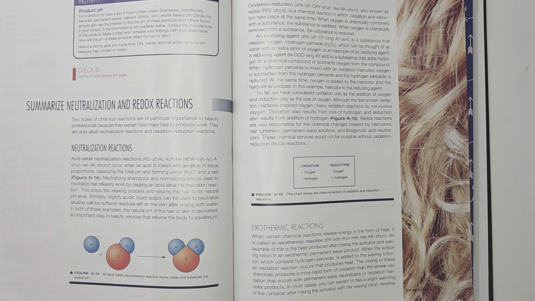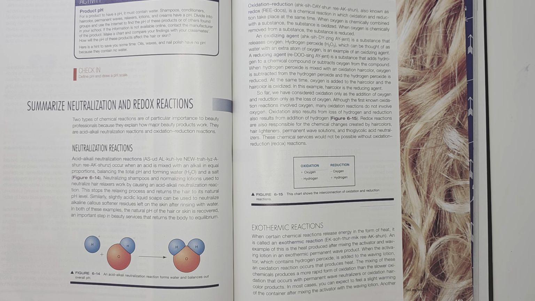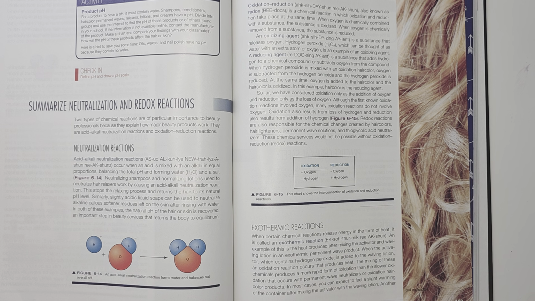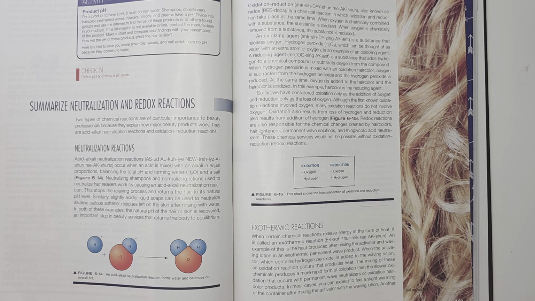Activity. Product pH. For a product to have a pH, it must contain water. Shampoos, conditioners, hair color, permanent waves, relaxers, lotions, and creams have a pH. Divide into groups and use the internet to find the pH of these products or of others found in your school.